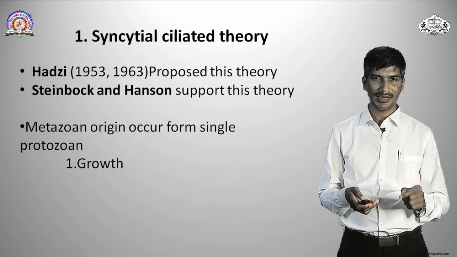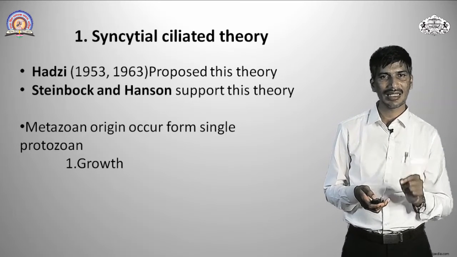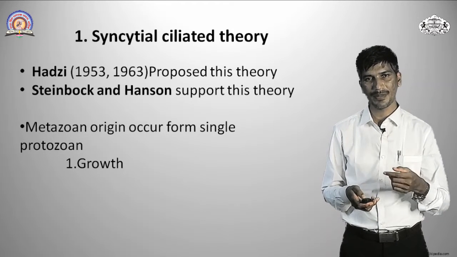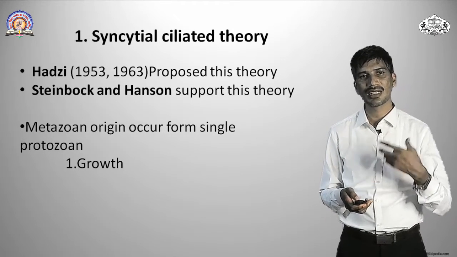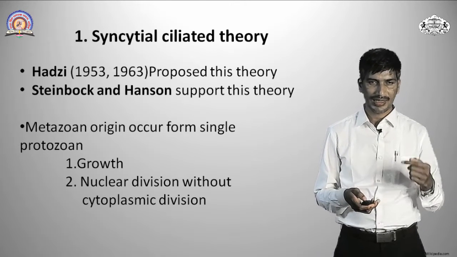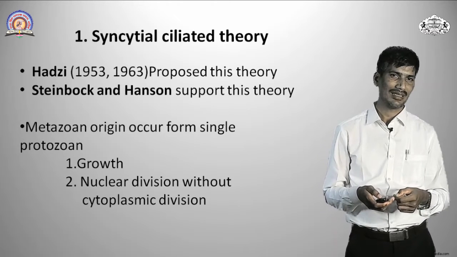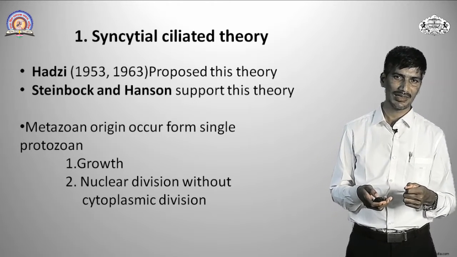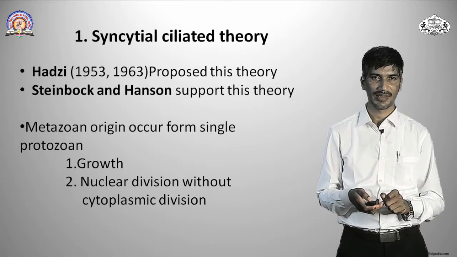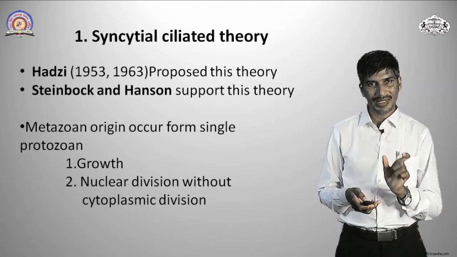How? First, he suggests that the single protozoan animal undergoes growth, and ultimately a continuous development goes on. Second, in the growth process, nuclear division takes place but without cytoplasmic division, and this is a very important mechanism.